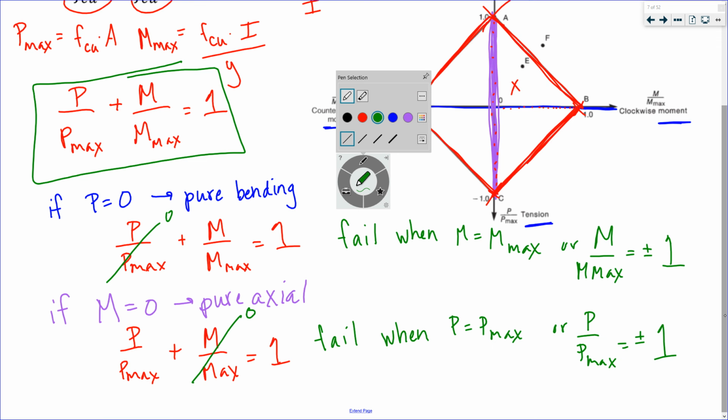As long as it is within that surface, that doesn't fail. But as soon as it hits the surface, fail. Obviously, if it's outside the surface, it fails as well.